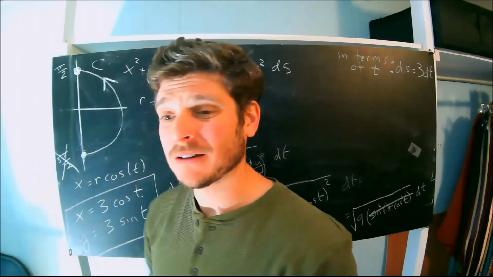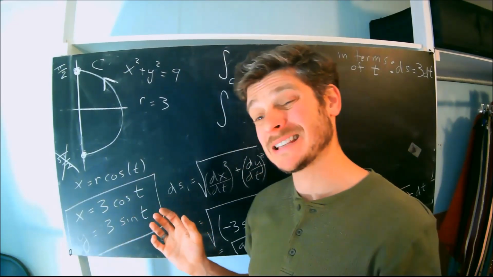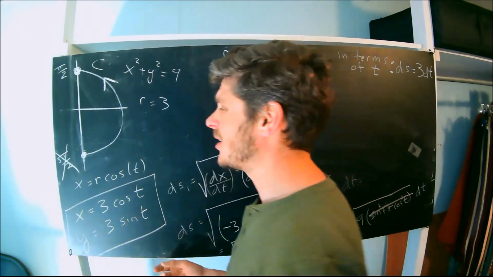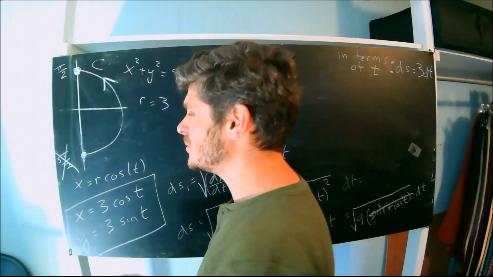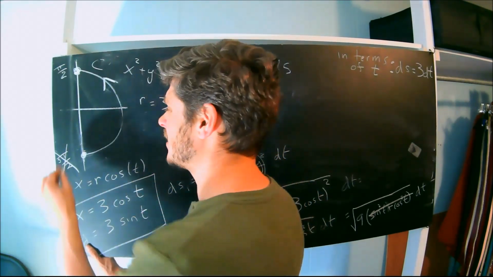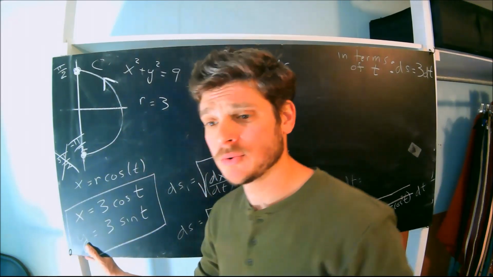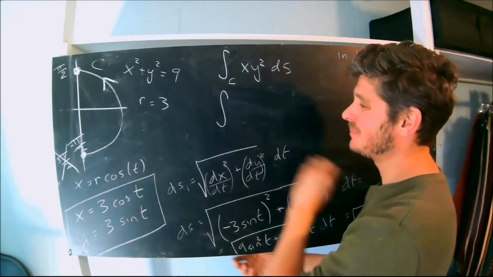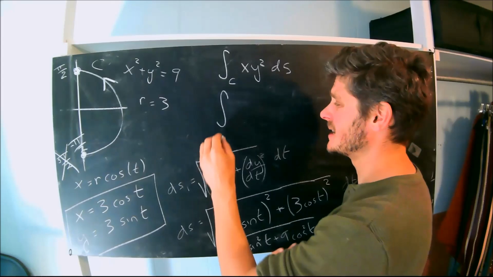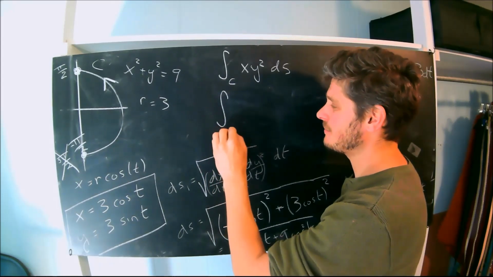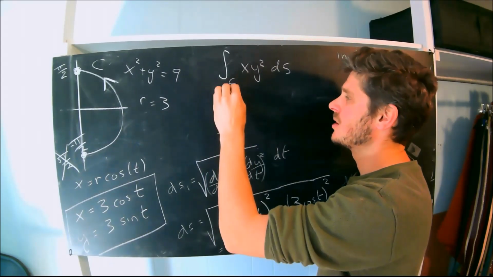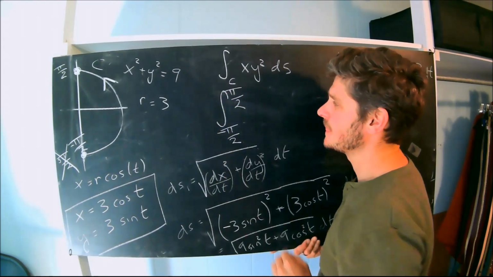So just be careful. We need to make sure that our problem actually makes sense when we set up our parameterizations as well. So instead of using 3 pi over 2, I need to use the coterminal angle negative pi over 2. And again, that way my limits of integration should hopefully make a bit of sense. So I'm going to integrate from negative pi over 2 to pi over 2.